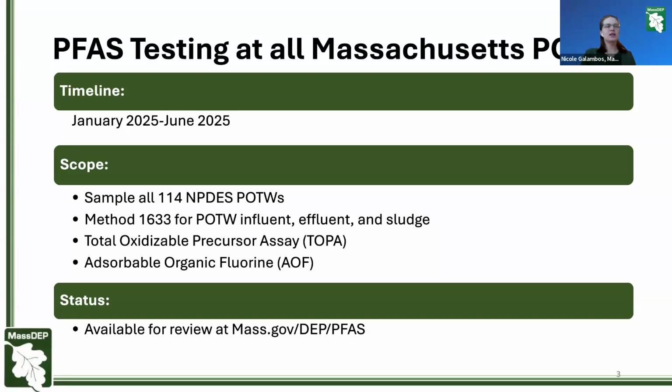The PFAS testing at POTWs study examined the presence of PFAS at all 114 NPDES POTWs across the state.